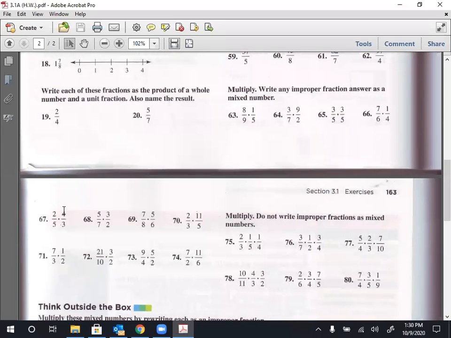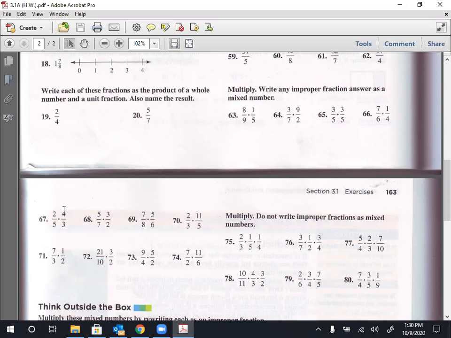So you're going to do what you did in the last section. You have 7 candies and 6 friends. You got the 6 from 3 times 2.